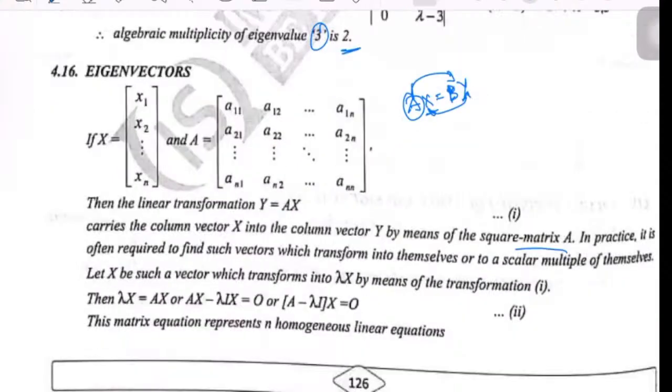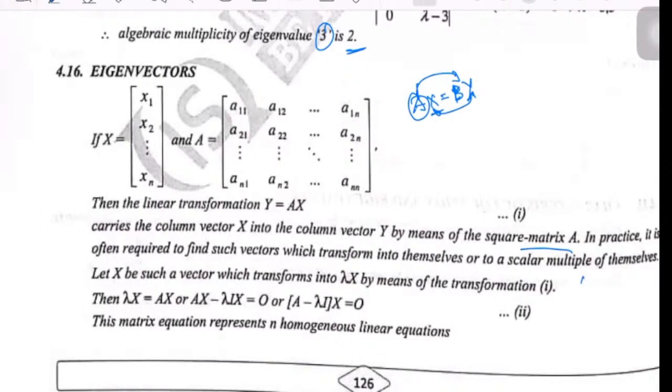In practice, it is often required to find such vectors which transform into themselves or to a scalar multiple of themselves. Let x be such a vector which transforms into lambda x by means of transformation. So Ax equal to lambda x.